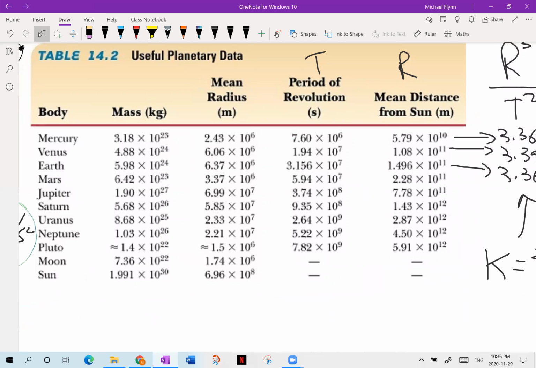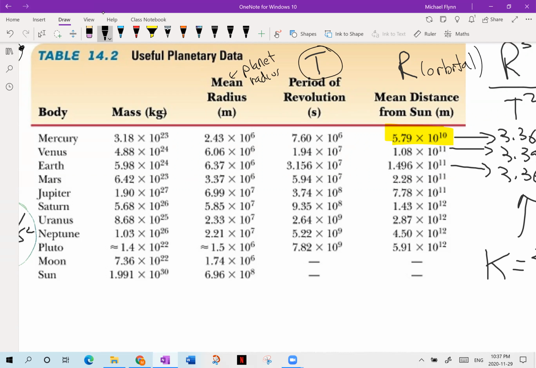What we mean by radius of orbit is the distance to the sun. This is the radius of the object itself. Remember, all the planets are basically spheres. So don't confuse this. This is the planet radius, and this is the orbital radius here. So that's the radius of orbit.